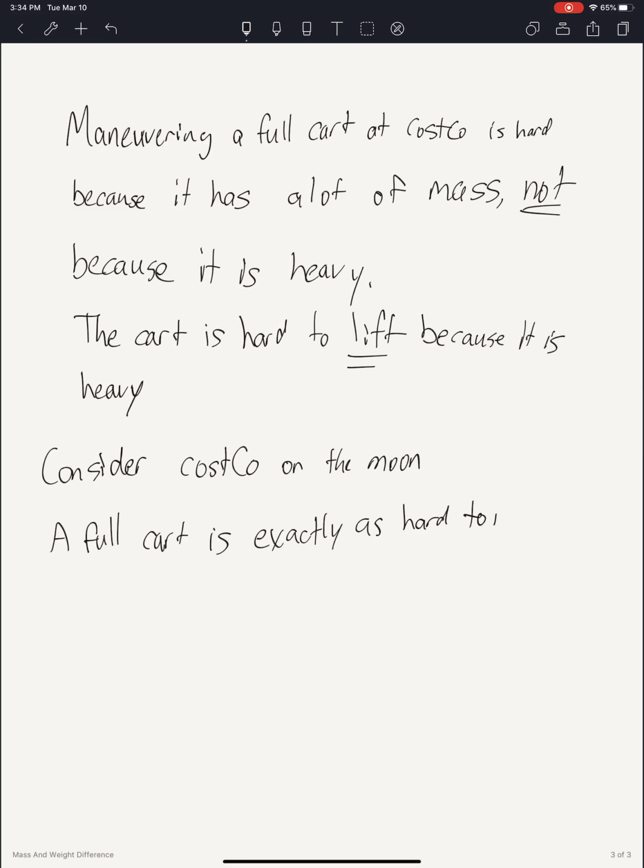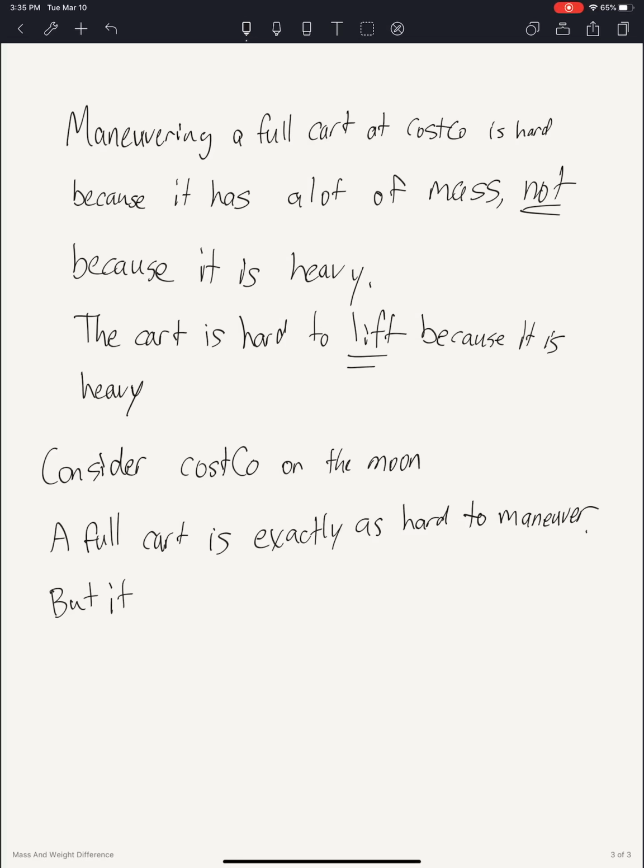Why? If you fill your cart with the same junk, then it's got just as much mass, and it is just as hard to make move. It is just as hard to accelerate it.